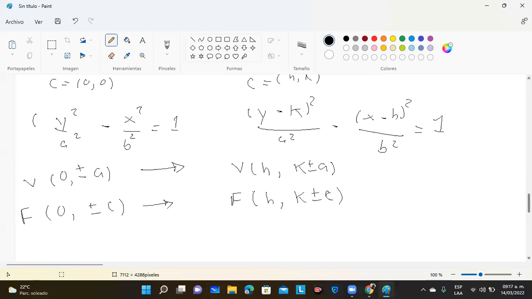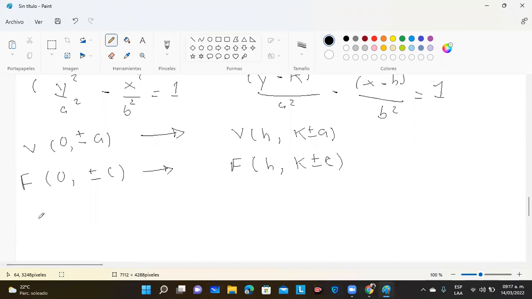Now for the asymptotes, which are the imaginary lines, we are going to have y equals plus or minus a divided by b times x. And when shifting, it's going to be y minus k equals plus or minus a divided by b times x minus h.